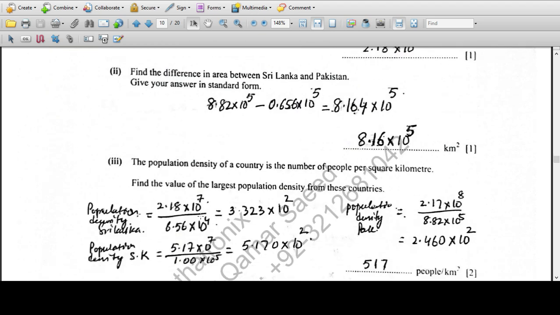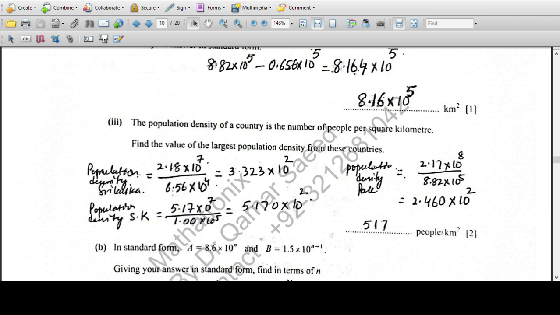So the population density is 2.18 × 10^7 people in this area, which is 3.23 × 10^2. Population density for Pakistan is 2.17 × 10^8 divided by this area, and this is the population density of Pakistan.